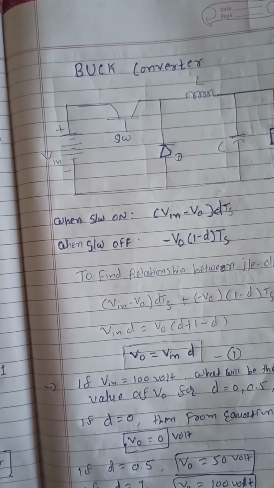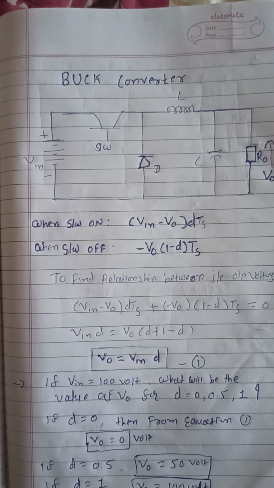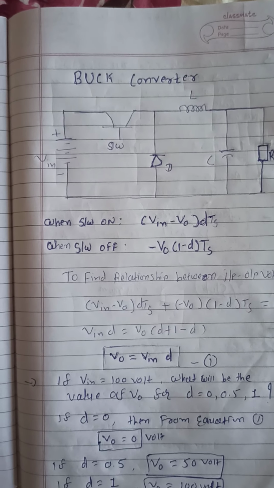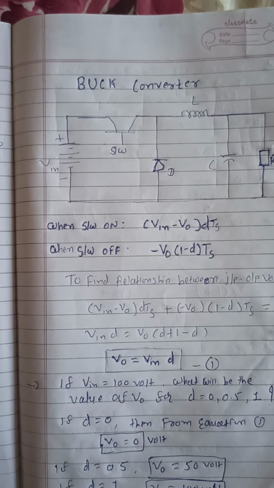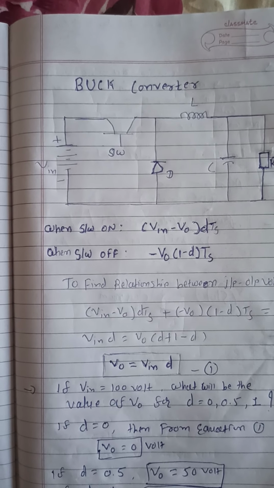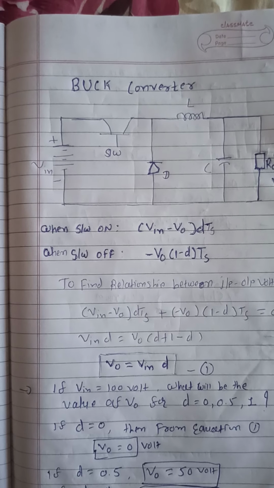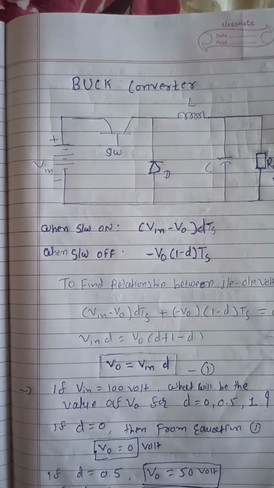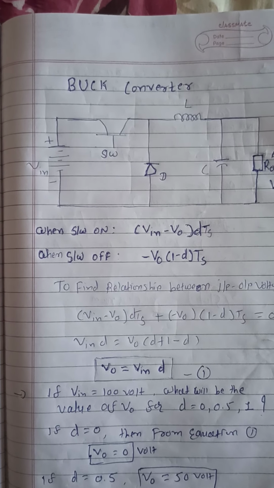So the first converter is the buck converter, which is also known as the step down converter. Why is it step down? Because it steps down the voltage. Whenever we require less voltage than the input voltage, at that time we have to use this buck converter.